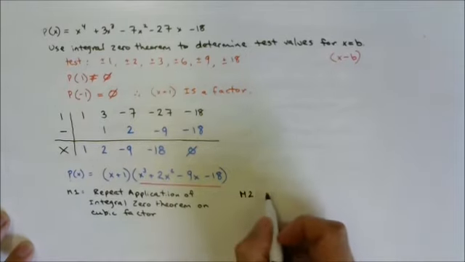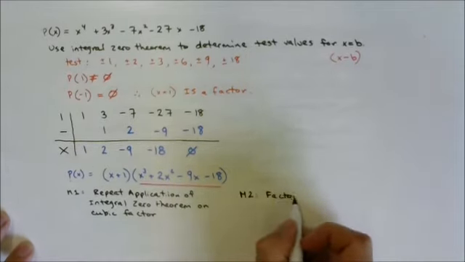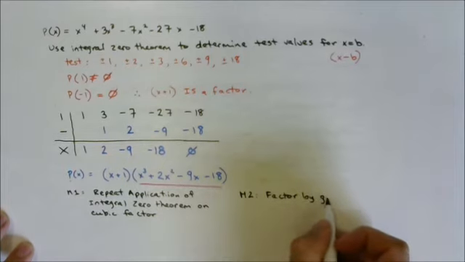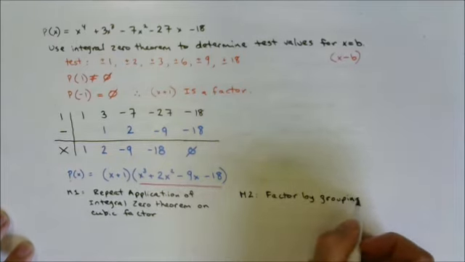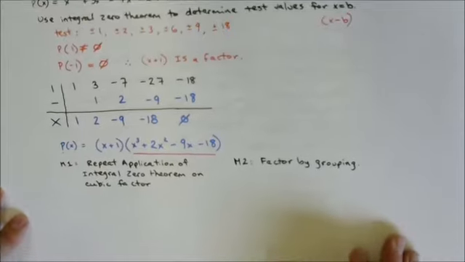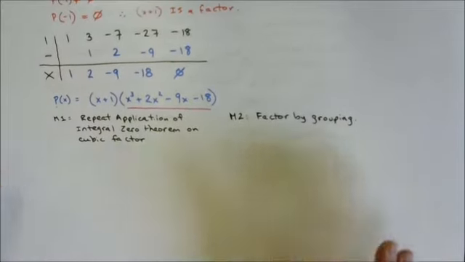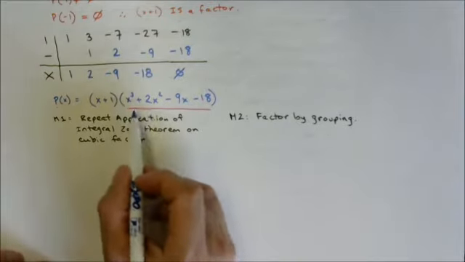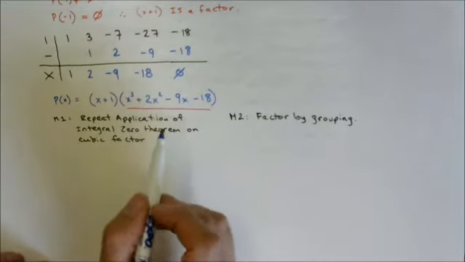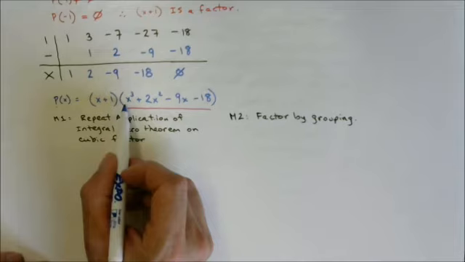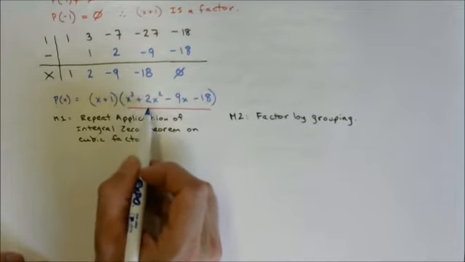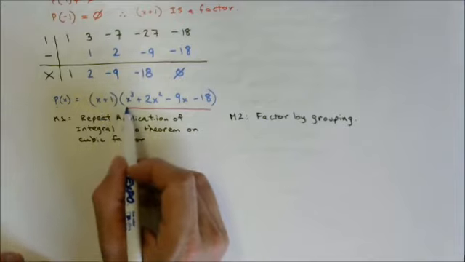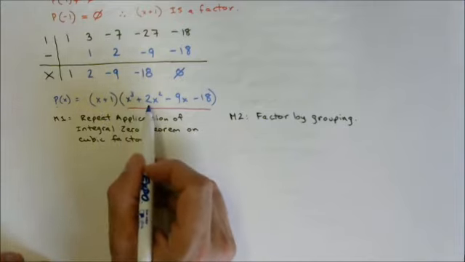Or you could do method 2, factor by grouping. All right, I said use factor by grouping when it looks easier. Well, how do you know what to look for? You're looking at this cubic and you're looking at the coefficients, and I can see that out of here, if I factored out something, I can leave myself with x plus 2.